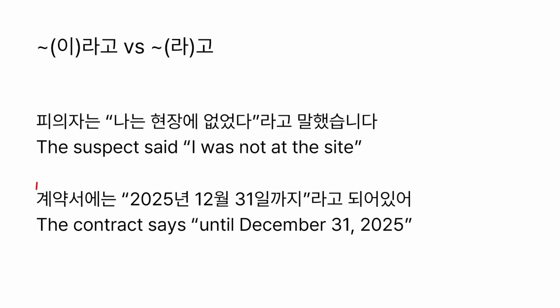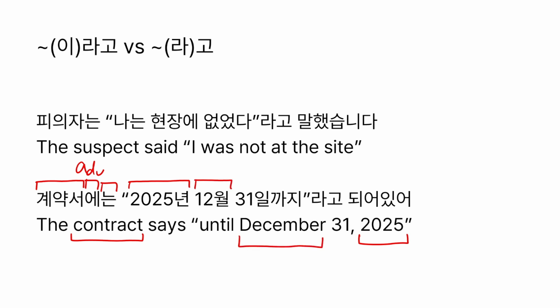In this sentence, 계약서 means contract, and 에 is an adverbial case particle, which is not in the English translation, and then we'll learn that later, and 2025년 means 2025, and 12월 means December, and 31일 means 31st, and 까지 is an adverbial case particle that we learned, which is translated into until, and 라고 is the quotative case particle, which is not in the English sentence, and 되어 있어 means says.